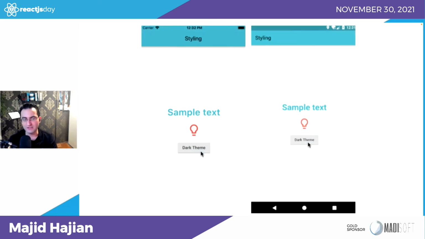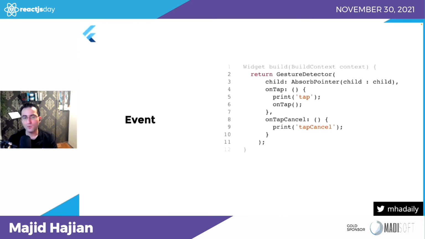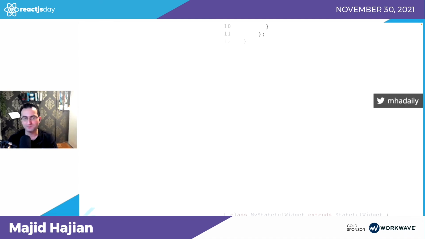And well, there are lots of other things. For example, events. How do you capture events, like on tap, cancel, click, swipe, etc.? In Flutter, you will have a widget called GestureDetector, which has all of these events as parameters, where you can pass a callback and do whatever you want.